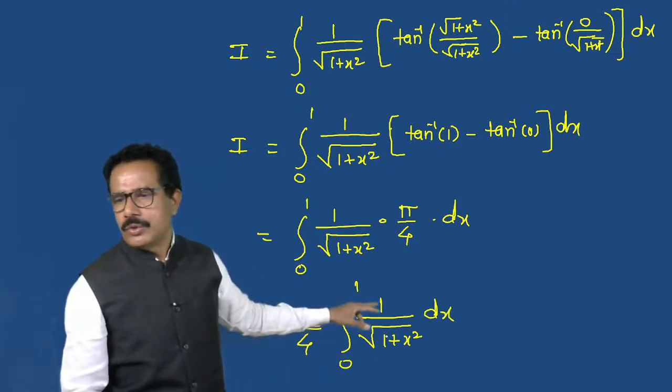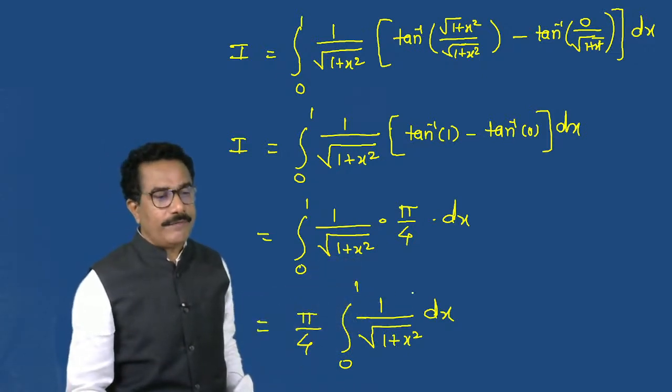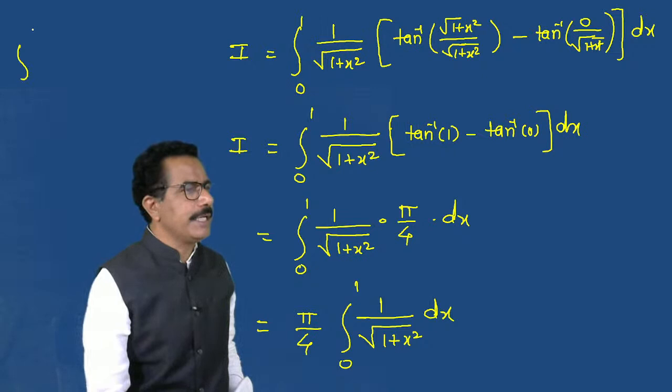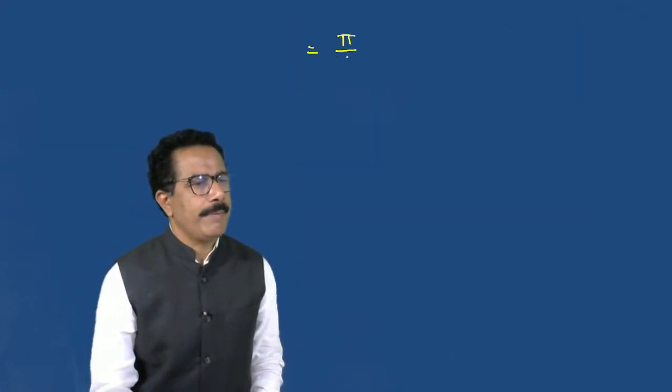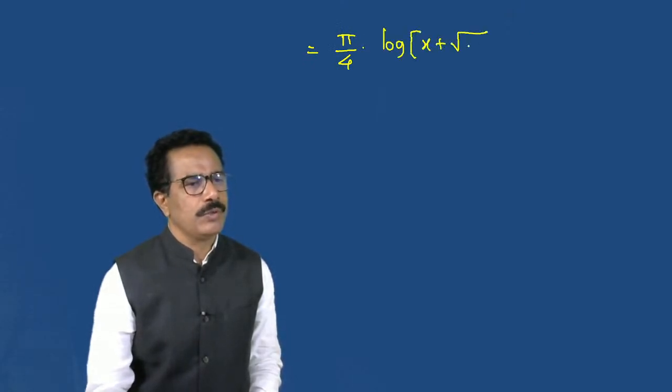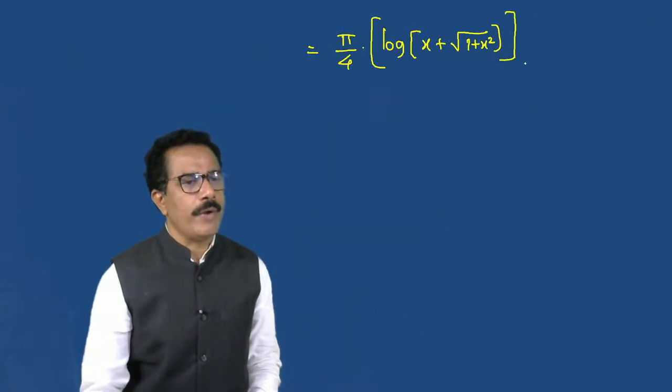Again the integration of 1 upon root of 1 plus x square is log. Do you remember? Integration of 1 upon root of a square plus x square is log of x plus root of a square plus x square. So pi by 4 into log of x plus root of 1 plus x square over the limits 0 to 1.